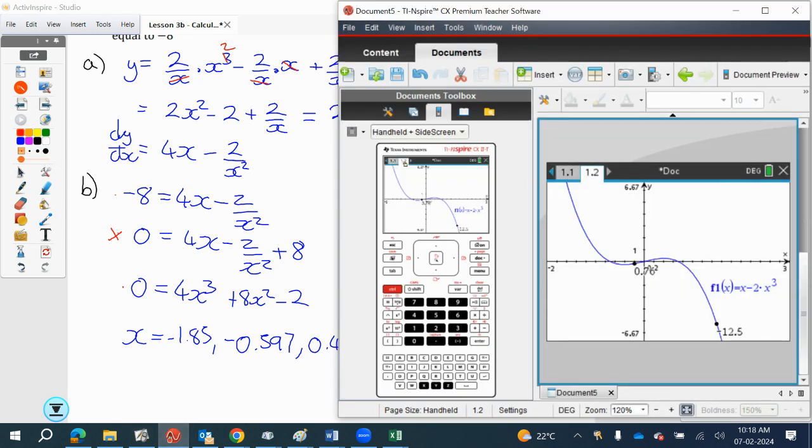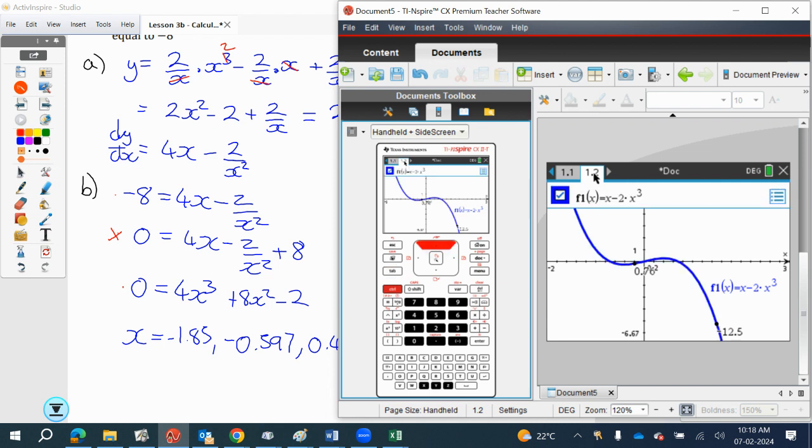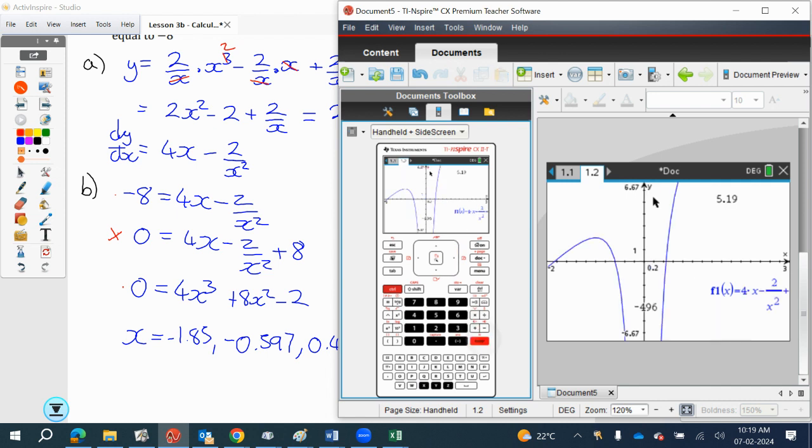You can graph it at the original point, but let me just go here, delete that. So here I've got 4x minus 2 over x squared plus 8, and I get a curve that looks like this.